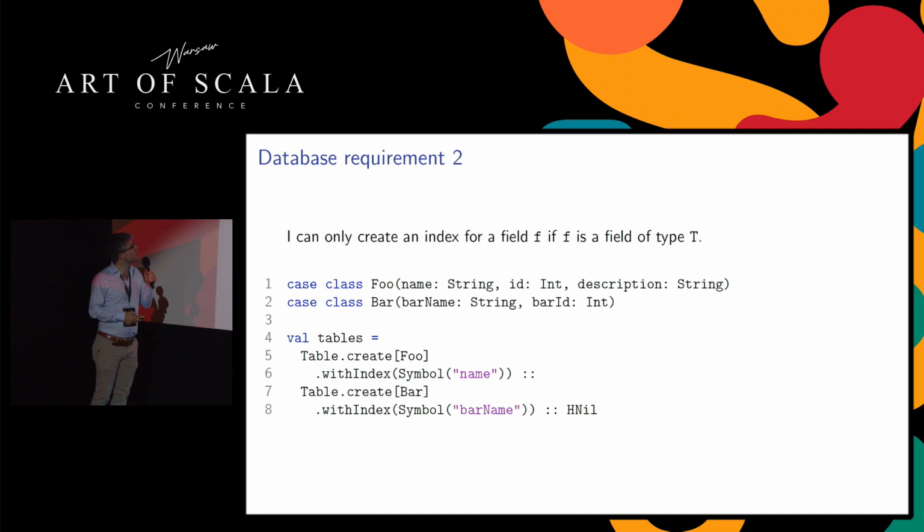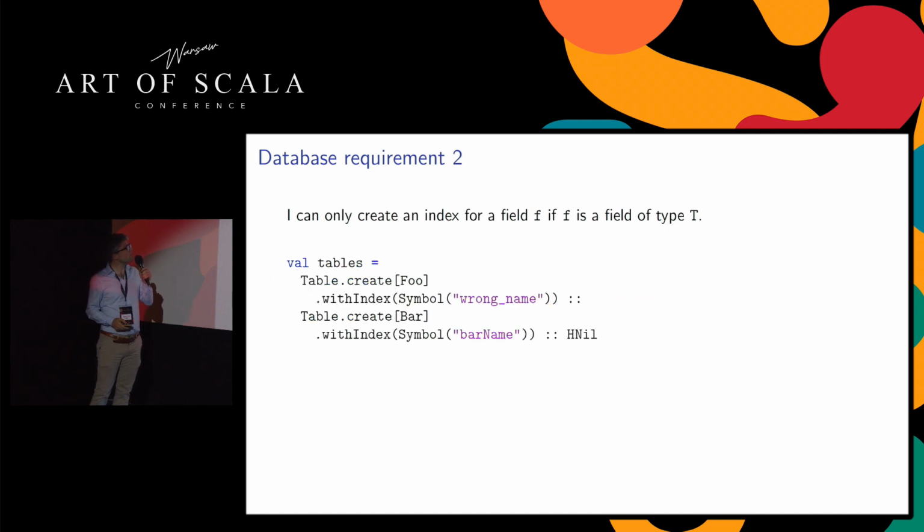So then we can represent the tables this way, and this is illegal because we have the name here and bar name here on the class bar. So this is what we want.